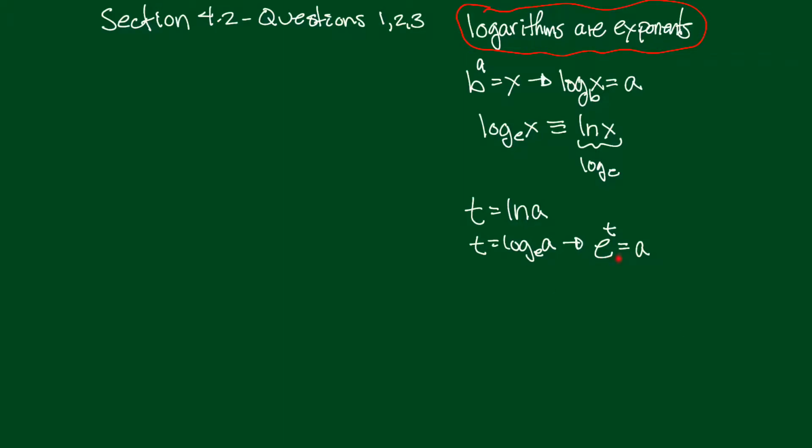Now likewise, if I'm given this exponential, I can convert it to this logarithmic statement. So I'm going to put another arrowhead on here. This goes both ways. If I'm given an exponential, I can convert it to a logarithm, and everything comes back to this: logarithms are exponents. So when I see this, I'm thinking, okay, the exponent here is t, so that's the logarithm, and the base is e.